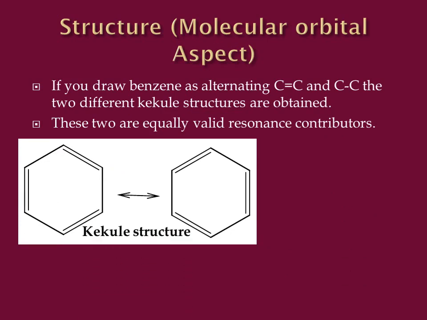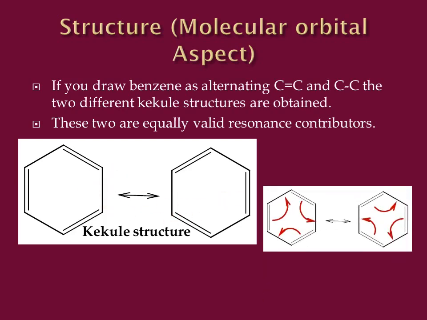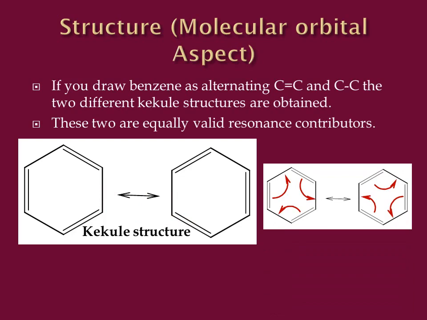Now you can see these are the two resonance contributors, and they are equally valid. Why? Because all the time these pi electrons are in conjugation. This double bond will shift over here, this double bond over here, and this double bond over here. This conjugation and delocalization is always in continuation. That is why these are the two resonance contributors that could be written for the structure of benzene.